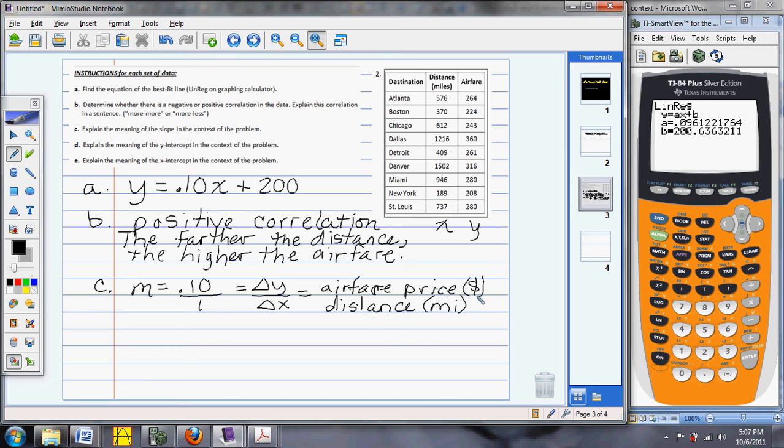Okay, so it's dollars per mile. So what this is saying is it's $0.10, which is 10 cents, per 1 mile.